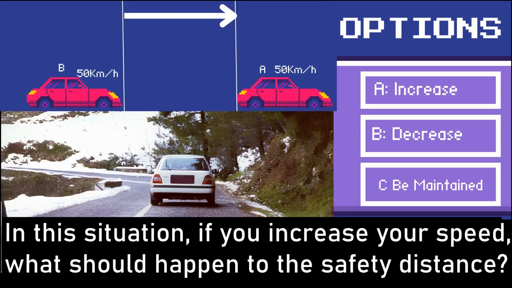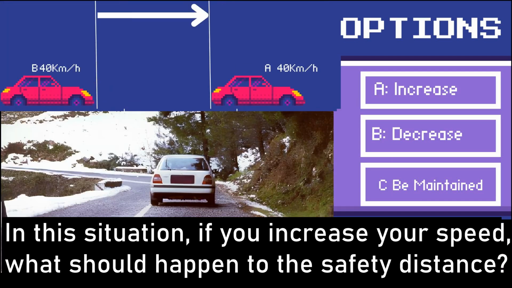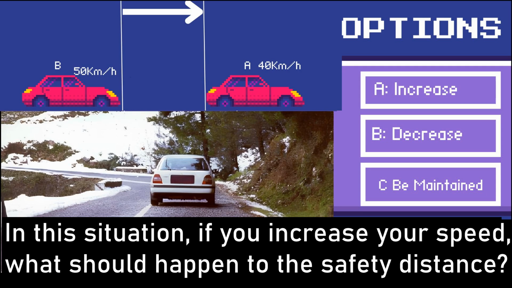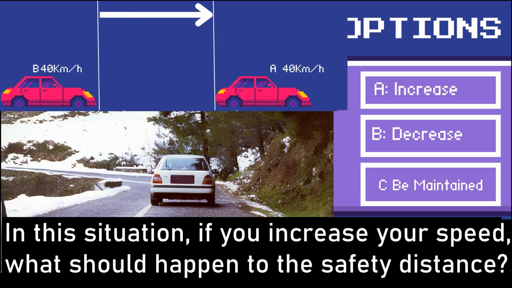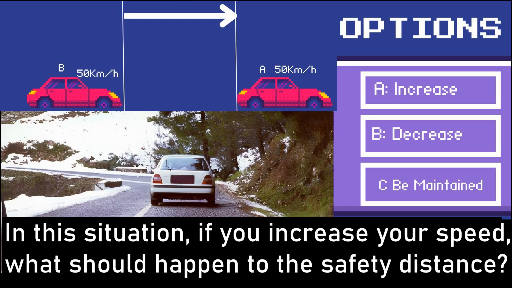If Vehicle A decreases its speed, Vehicle B must also decrease its speed for the safety distance to be maintained because, as we saw earlier, if Vehicle A decreases its speed and Vehicle B maintains its speed, the distance between the two vehicles decreases and consequently the safety distance decreases as well. If Vehicle B increases its speed, the safety distance must increase.